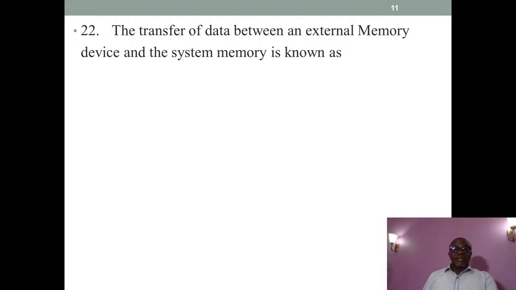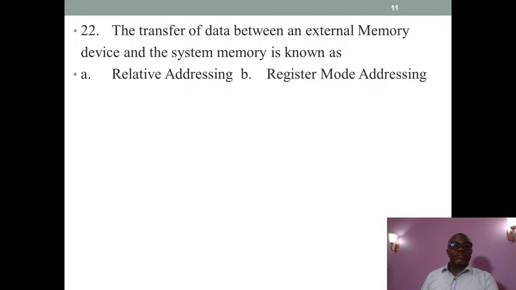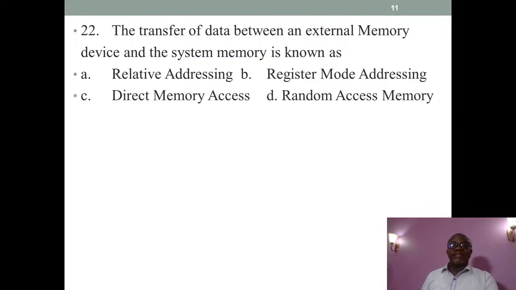The transfer of data between an external memory device and the system memory is known as what? Relative addressing, register mode addressing, direct memory access, or random access memory. Which one? Direct memory access. We talked about DMA, direct memory access, in one of our lectures.